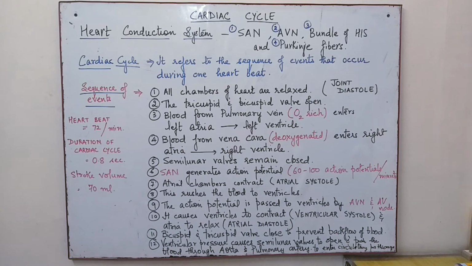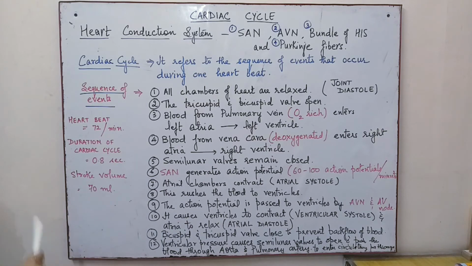At the same time, since all the blood has passed from the atria to the ventricles, the atria relax, which is known as atrial diastole. So ventricular systole and atrial diastole almost happen together.